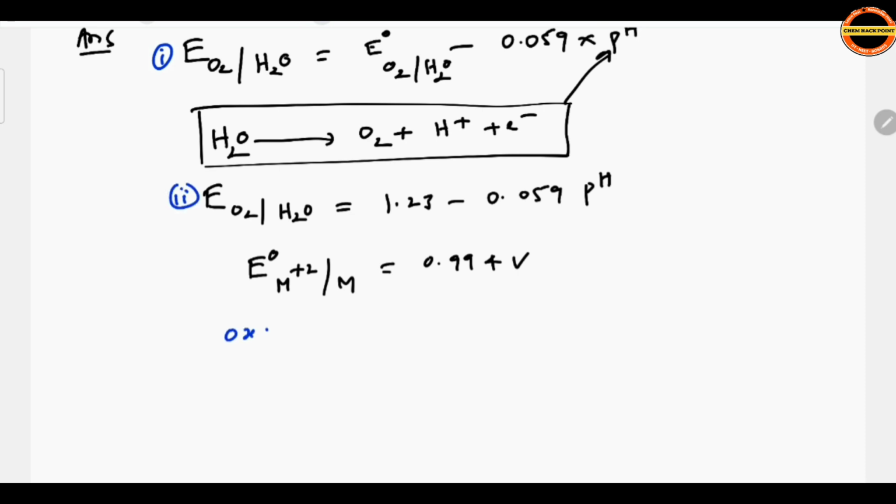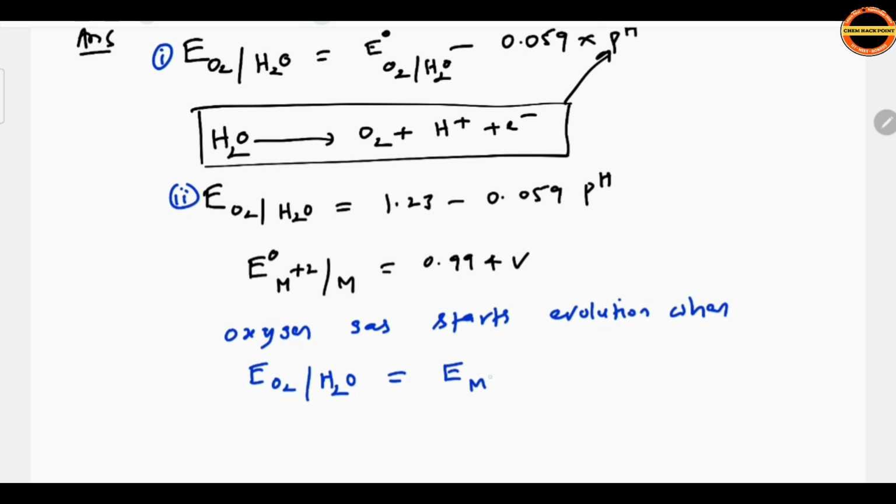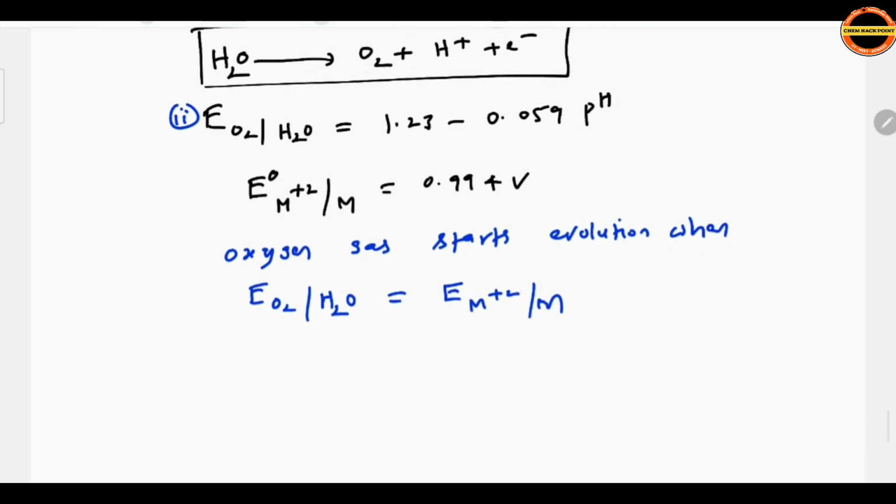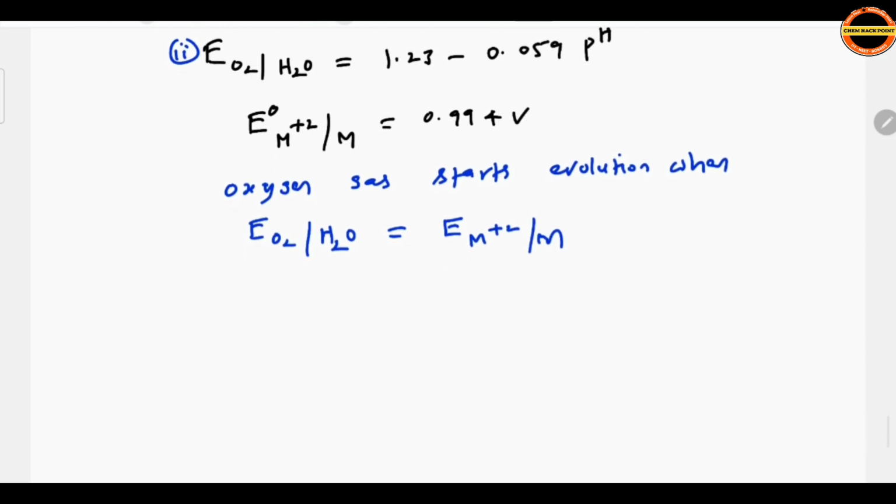We know oxygen gas starts evolution when E of O2/H2O is equal to E of M plus 2 to M. If this condition is achieved, then oxygen gas comes out. So I can modify it like this: one value is 1.23, the other is 0.994. When this condition is observed, oxygen gas automatically comes out.